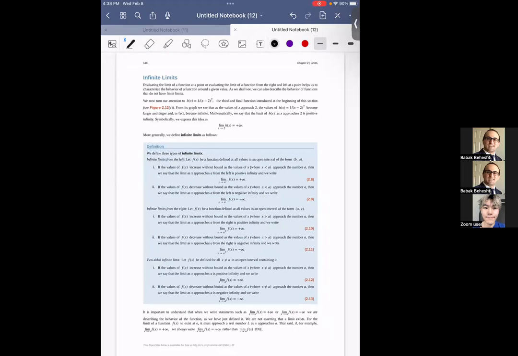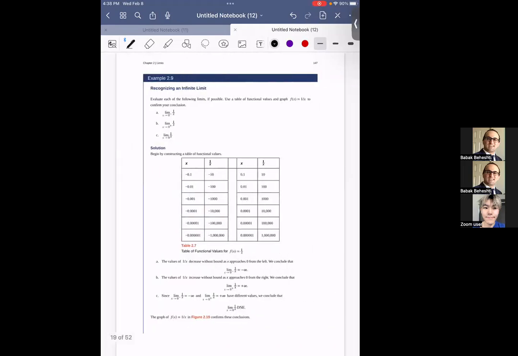Okay, infinite limits. Sometimes, and the best example of an infinite limit is just 1 over x. Let me draw the graph of 1 over x for you so that you can see. So 1 over x, you see, when x goes to 0 from the right-hand side, 1 over x goes to plus infinity.